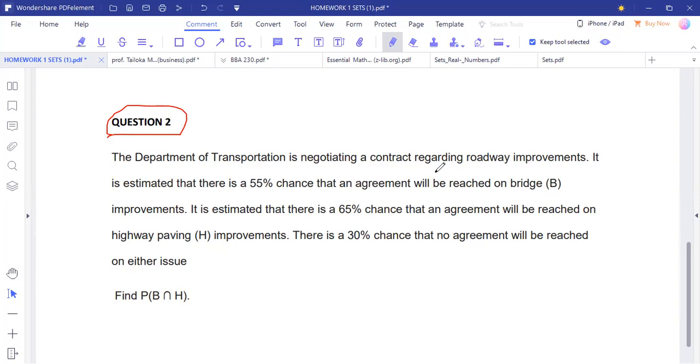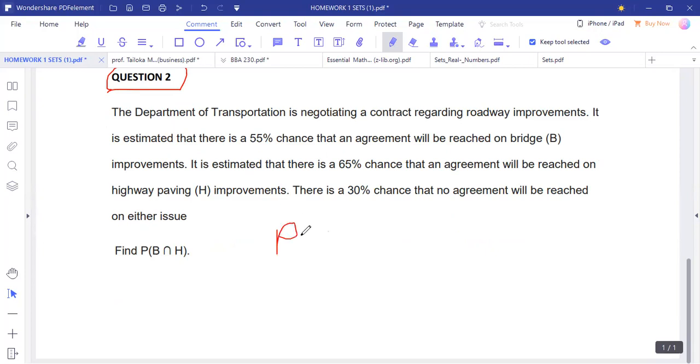It is estimated that there is a 55% chance that an agreement will be reached on bridge B. So we have the probability of B. The probability of B is equal to 0.55. Are we together?